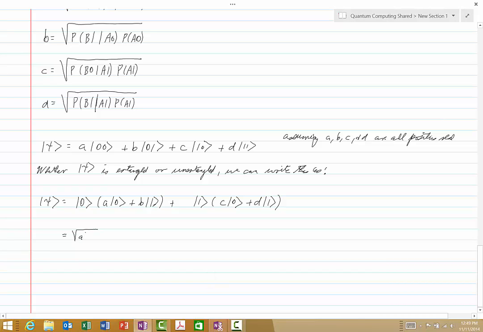So this would be the square root of A squared plus B squared, 0, and then we have A0 plus B1 over the square root of A squared plus B squared, plus the square root of C squared plus D squared, 1, times C0 plus D1 over the square root of C squared plus D squared.